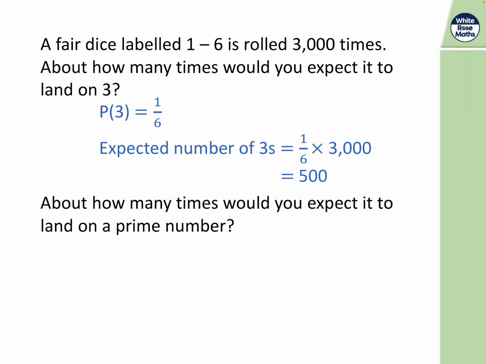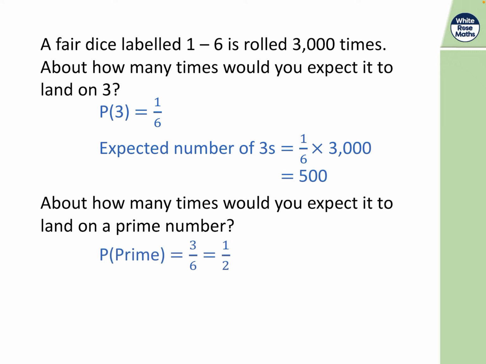How many times would you expect it to land on a prime number? They often expect you to have basic number skills in these types of questions. So you need to know how many prime numbers are on a dice to be able to answer this question. There's 3, so 2, 3 and 5 are all prime numbers.